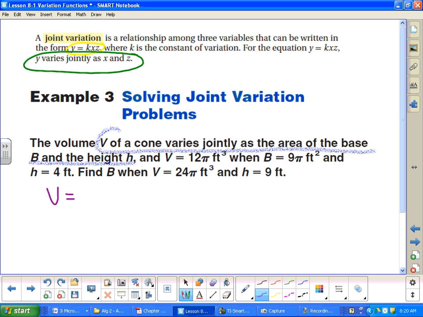So V equals k times B times H. When the volume is 12 pi, the base is 9 pi, and the height is 4.